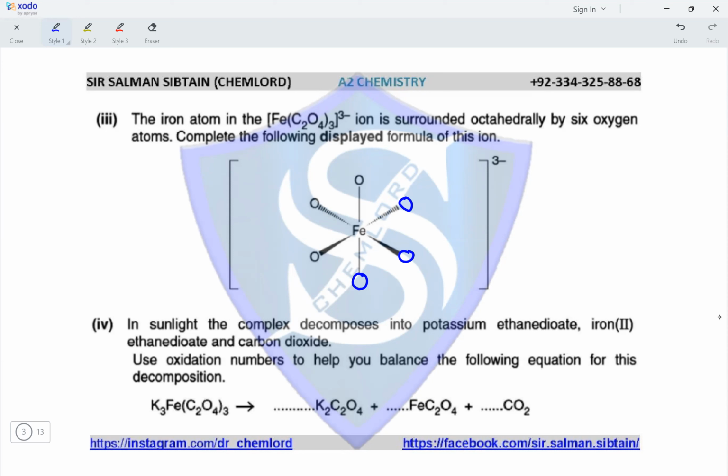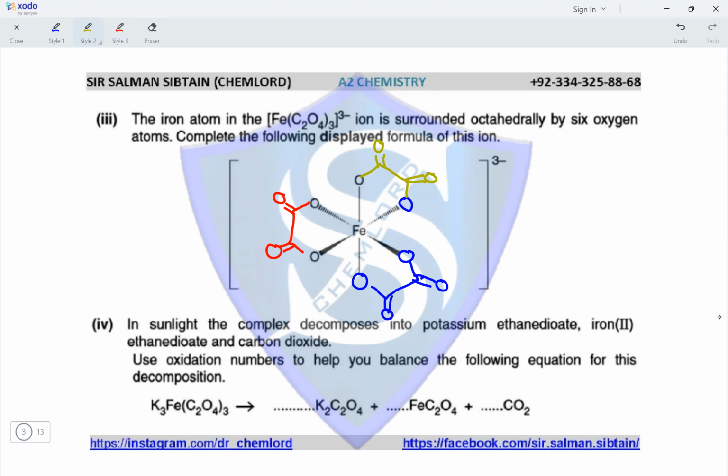And now, in order to complete the ion, we have this structure. This would be C double bond O, and this would also be C double bond O. For the next one, we would have C double bond O and C double bond O here. And for the third one, we would place C double bond O and C double bond O here, thus completing the structure of the given complex.